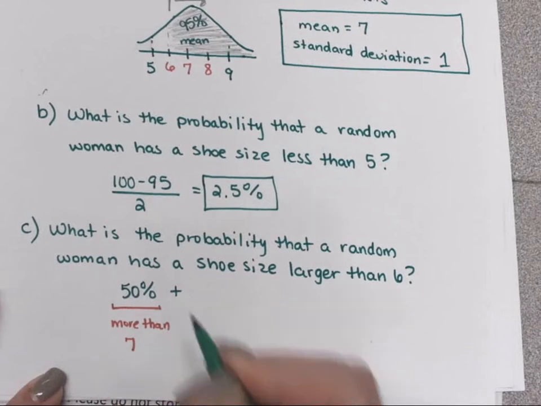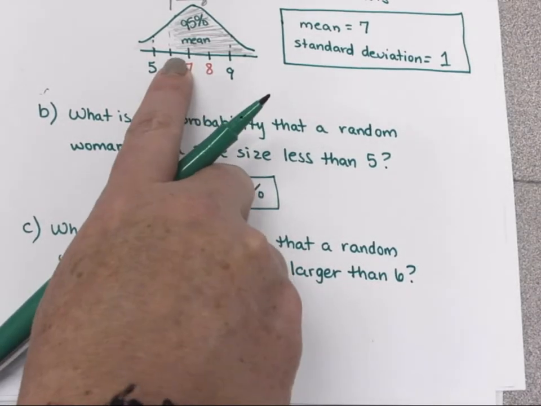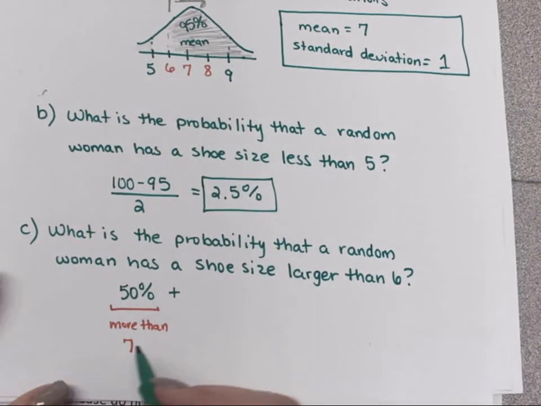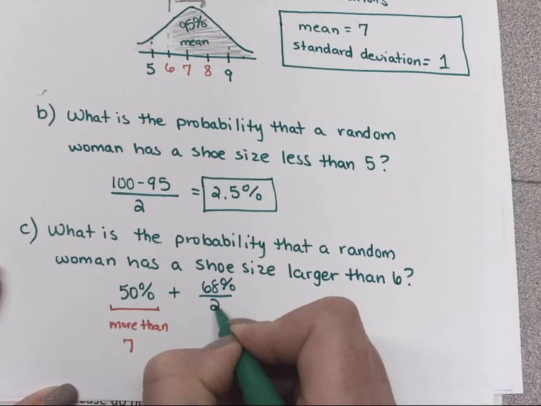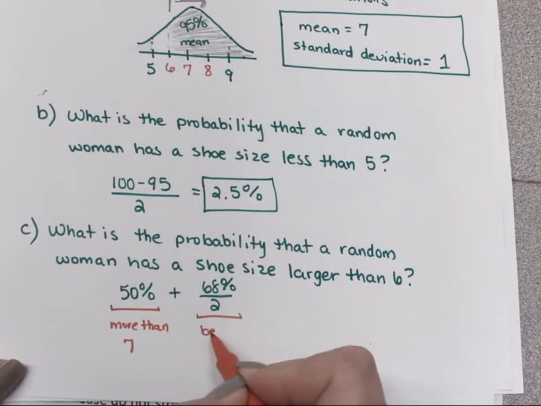And then plus, how could I get that sliver and write it down without having to go back up and look at the percentages? So we know from 6 to 8 would be 68%, but I only want from 6 to 7, so it would be half of that, right? So it would be 50% plus 68% divided by 2, okay? Because this covers between 6 and 7.